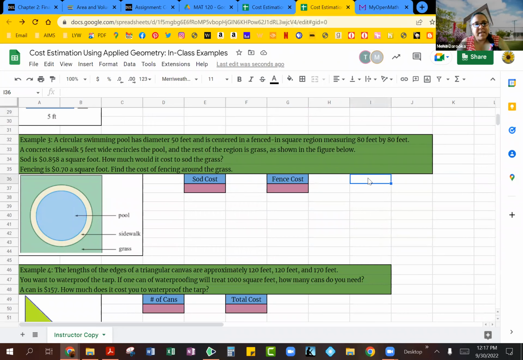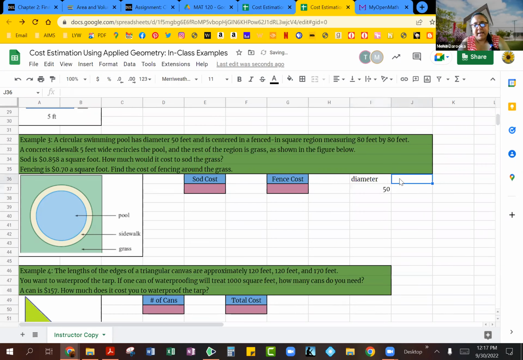So they're telling us we have a circular swimming pool, which has a diameter of 50 feet. It is centered and fenced in a square region, which is measuring 80 feet by 80 feet. So you have a square, think about it as a garden or a backyard, which is basically 80 feet by 80 feet.